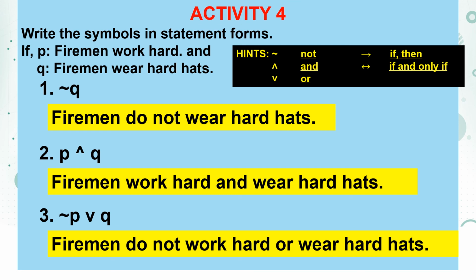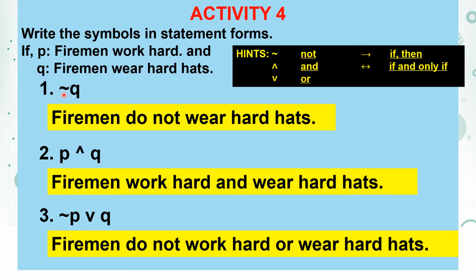Let's have the last activity. Write the symbols in statement forms. If P is the proposition, firemen work hard, and Q is the proposition, firemen wear hard hats. Number 1.